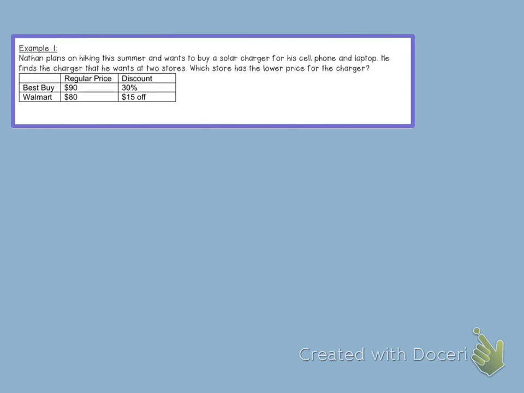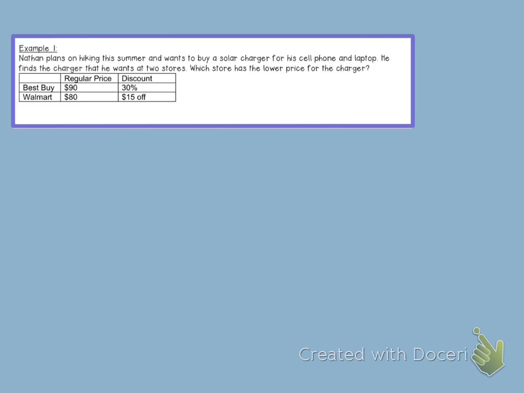Example 1. Nathan plans on hiking this summer and wants to buy a solar charger for his cell phone and laptop. He finds the charger that he wants at 2 stores. Best Buy's regular price is $90 with a discount of 30%, and Walmart's is $80 with $15 off.